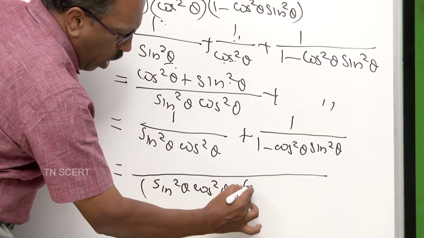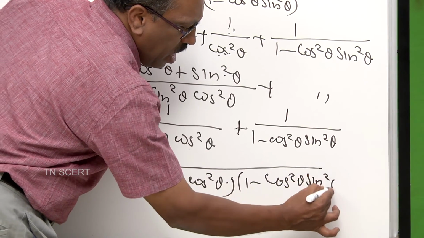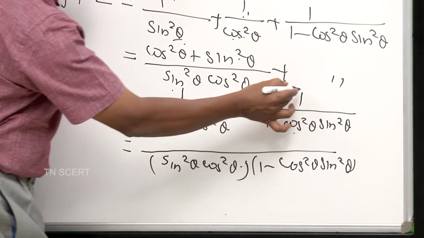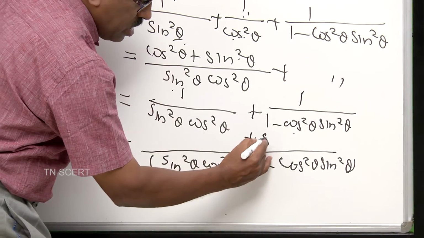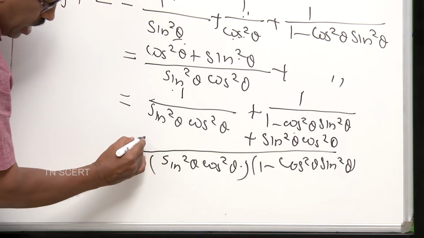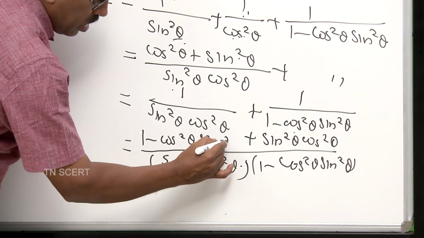So by doing this, sin square theta cos square theta into 1 minus cos square theta sin square theta, you take this here and this term will go this side. So sin square theta cos square theta on this part, and here it is 1 minus cos square theta sin square theta.